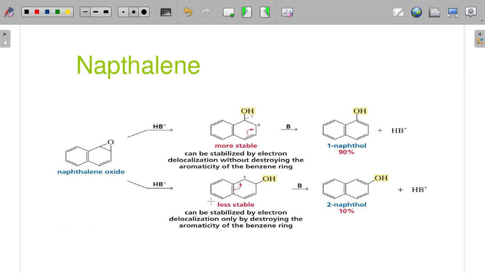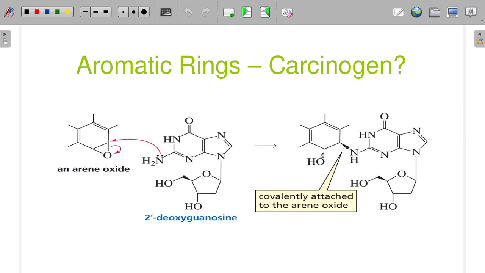All right, but something like this can be bad for us because as a mammal, I don't want the naphthalene oxide to be stable enough for a nucleophile to attack, because in our bodies, our nucleophiles are things like DNA, RNA. Almost any nitrogen in your body that has a lone pair could actually behave like a nucleophile.